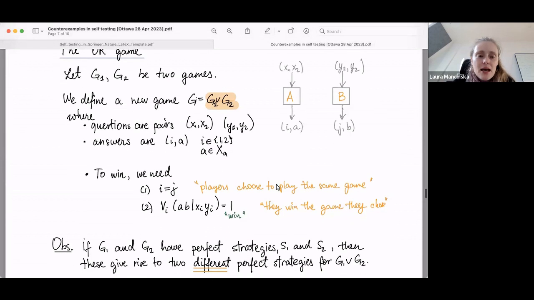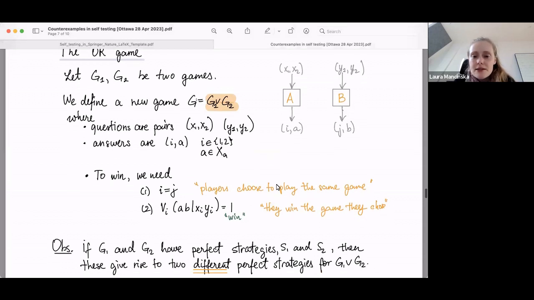Okay, so now let's make this very simple observation that's again going to be useful later on. Suppose that the games you took an OR of can be won perfectly with some quantum strategies. They have a perfect strategy S1 that wins with probability 1 in game G1, and also a strategy S2 that perfectly wins your second game G2.